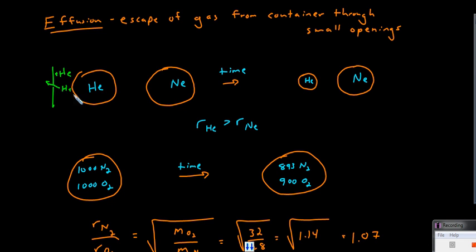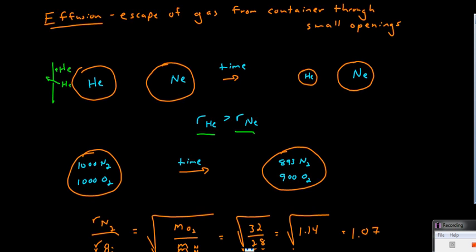Helium travels faster than neon, and hence it will randomly collide with these small holes and go through them more often than neon. Hence, we can expect that this helium balloon will shrink faster than the neon balloon. The rate of effusion of helium is greater than the rate of effusion of neon because helium has a much lower mass and hence a greater speed.